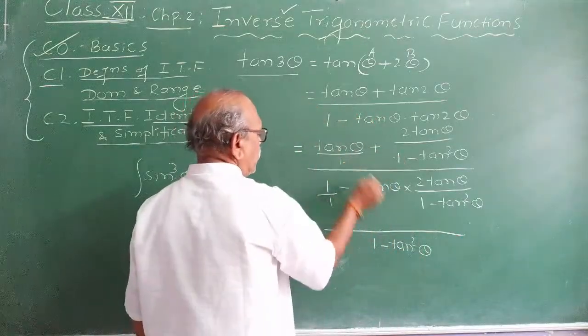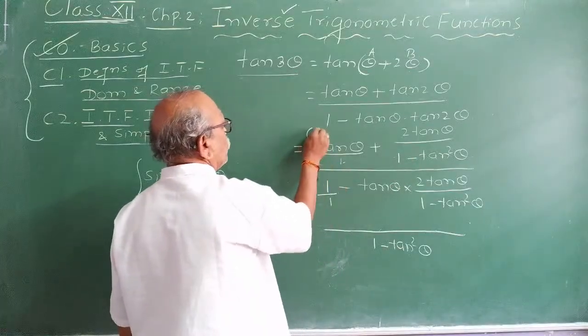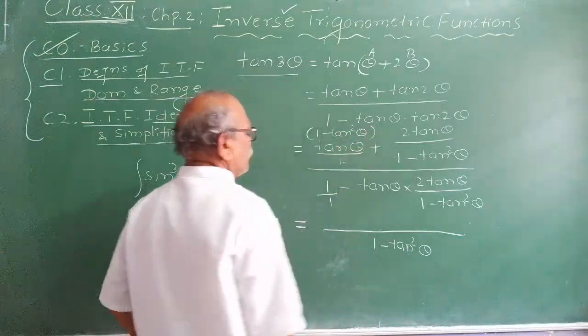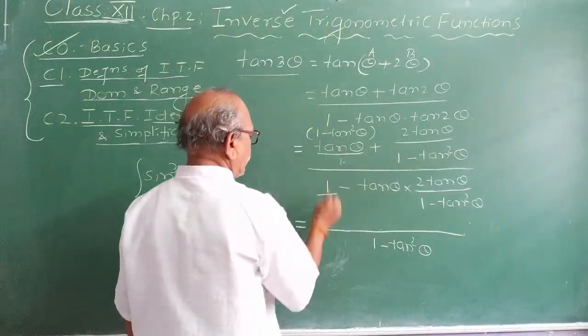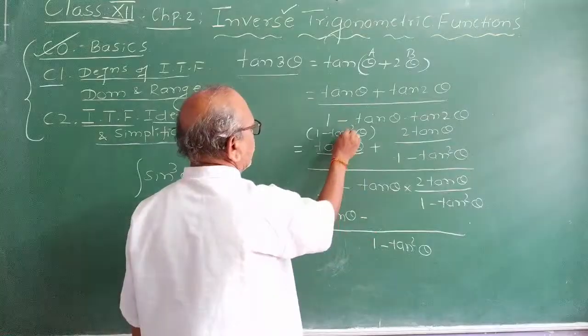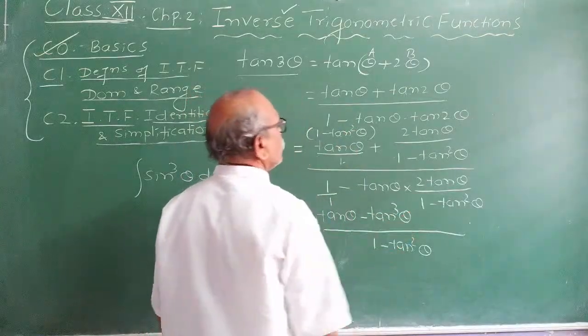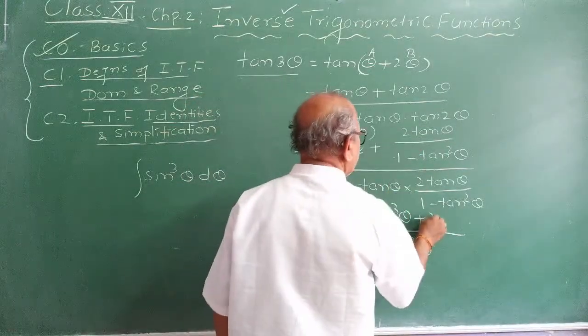Denominator of numerator is 1 minus tan square theta. 1 into what do you get? 1 minus tan square theta. Start from basics. Tan theta into 1 will be tan theta, minus tan theta into tan square theta is tan cube theta, plus 2 tan theta.